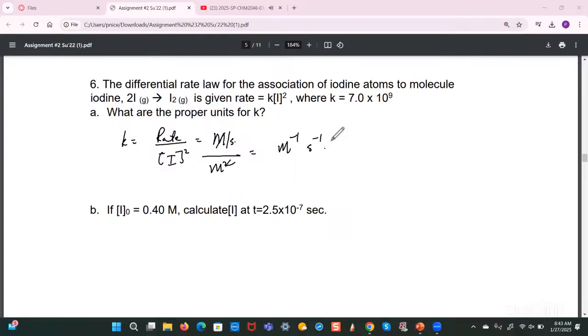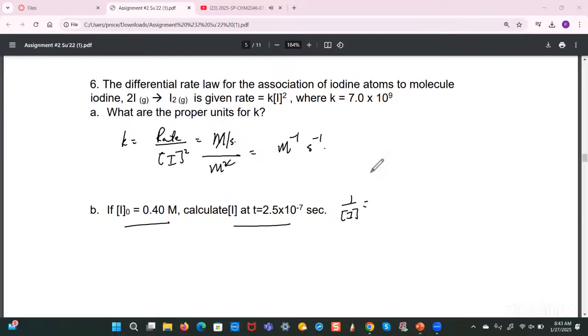Now, the B part is asking you to calculate the concentration of I if the initial concentration of I minus is 0.40 M. If you recall, the equation for that is 1 over the concentration of I is equal to, yes, ma'am. Wouldn't we have M squared times s squared? I'm sorry?